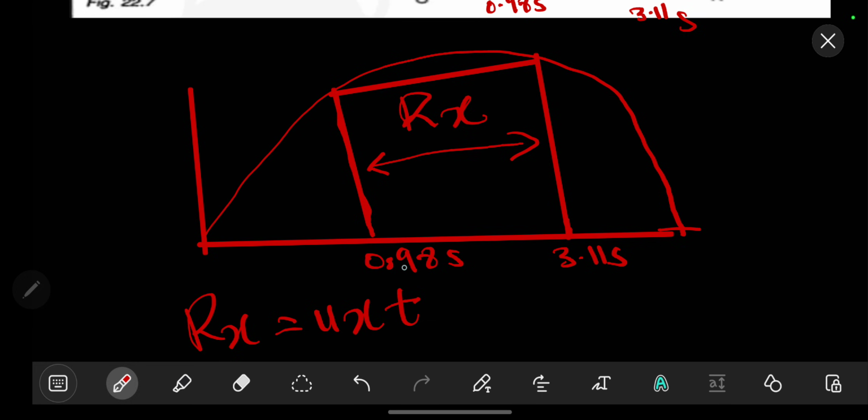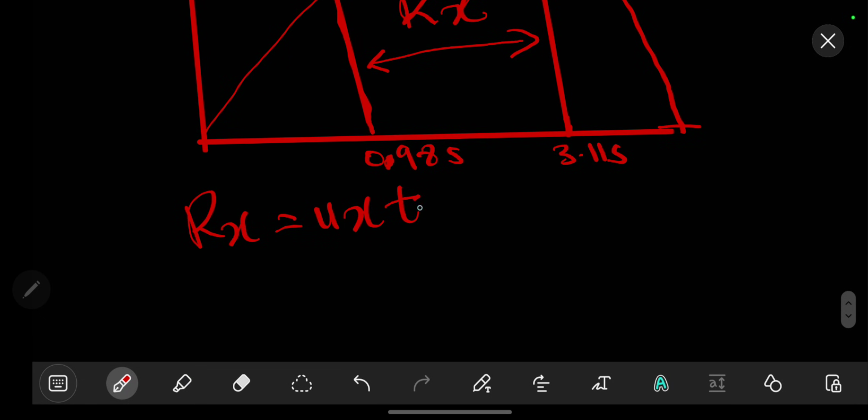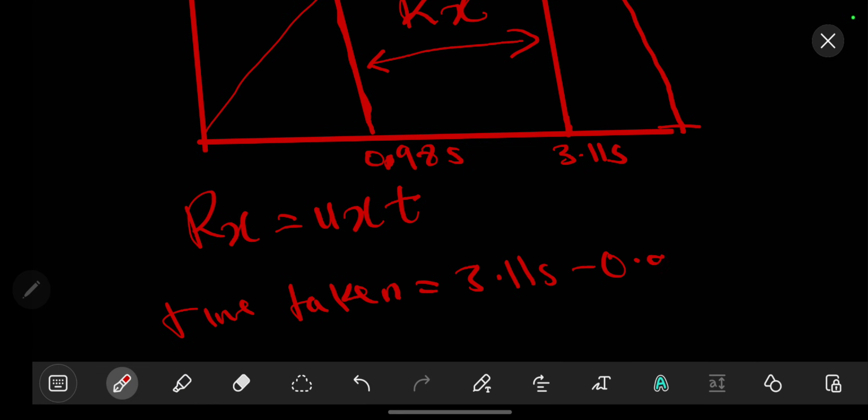As long as the time is not beginning at 0, you subtract the times to find how much time it will take. So the time taken is 3.11 seconds minus 0.98 seconds, which gives us 2.13 seconds.